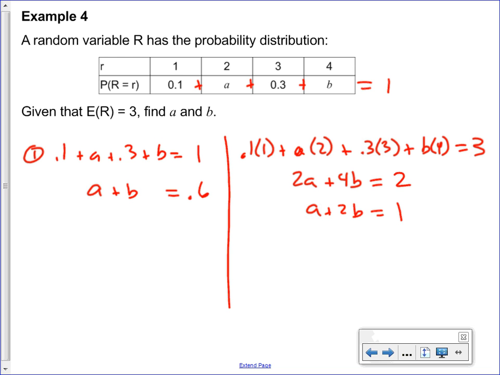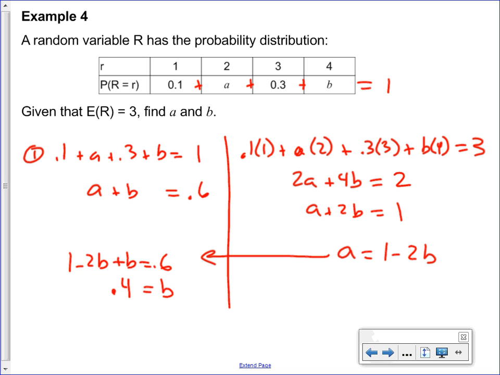We could do row reduction, but why? A is 1 minus 2B, so if you plug that into the first equation, 1 minus 2B plus B is 0.6. So B has to be 0.4. There's one of them.